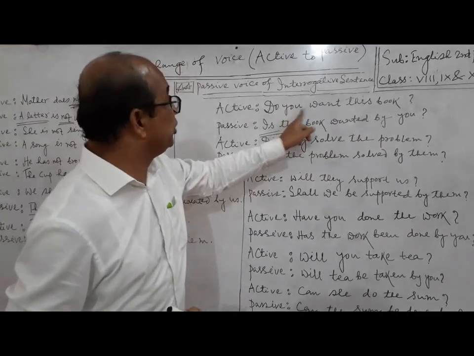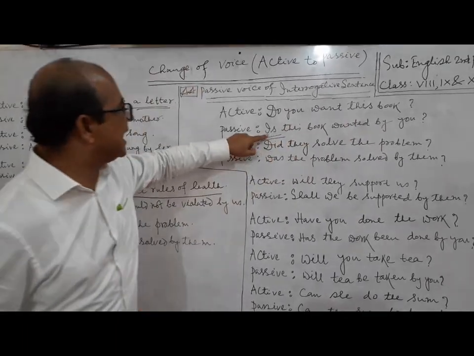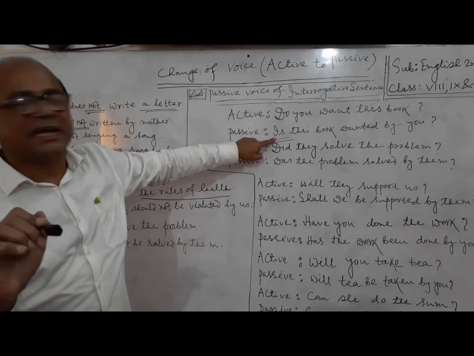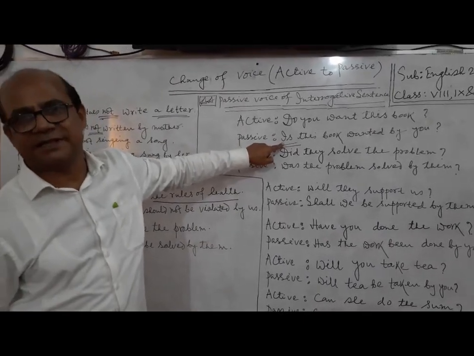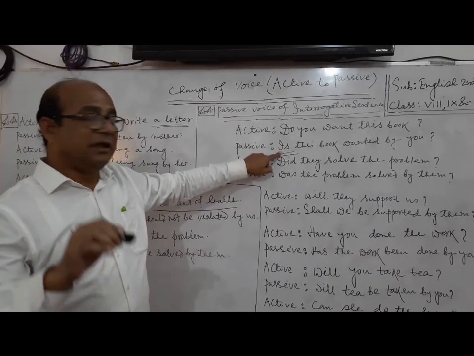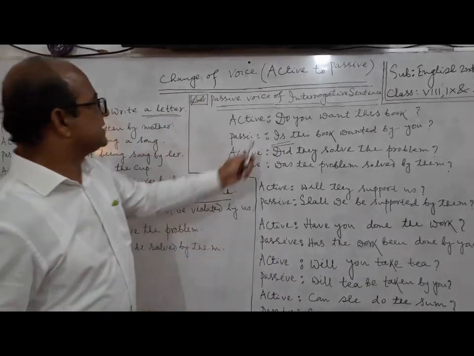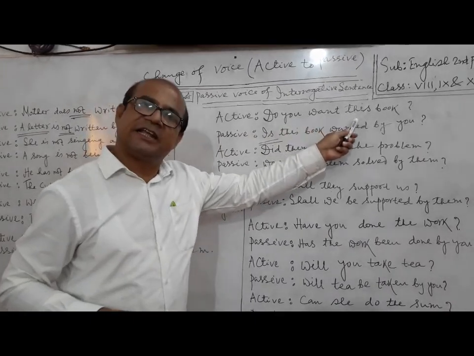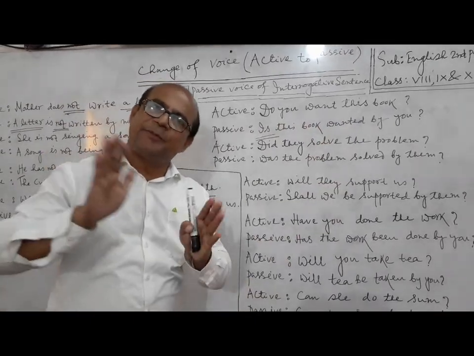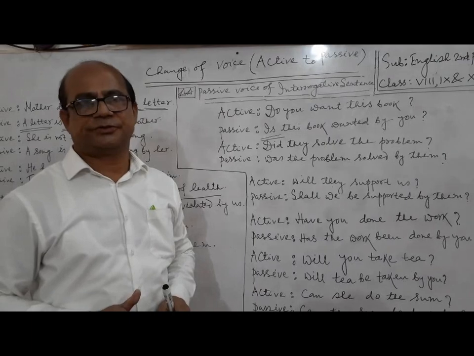But here, do you want this book? That's why I have taken the auxiliary verb at the beginning of the sentence. You know, in case of voice change, if the sentences are given in interrogative mode, you will keep it in interrogative mode.